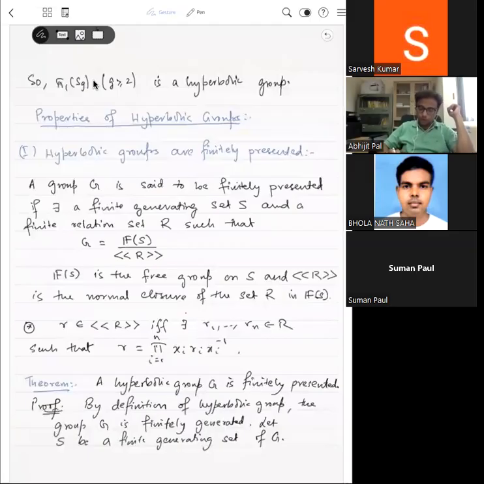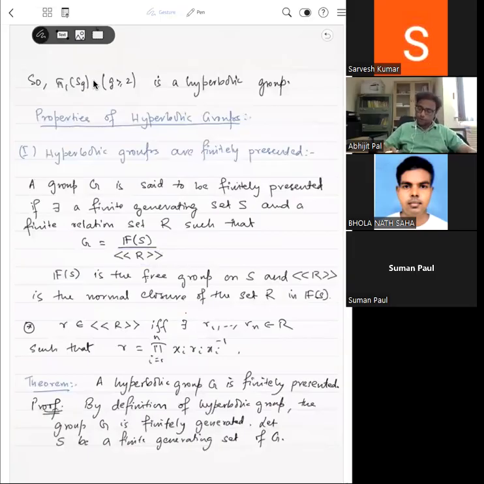You know that any group is a quotient of a free group, right? So a group G is said to be finitely presented if there exists a finite generating set S and a finite set of relations R such that G is the quotient of the free group on S by the normal subgroup generated by R.